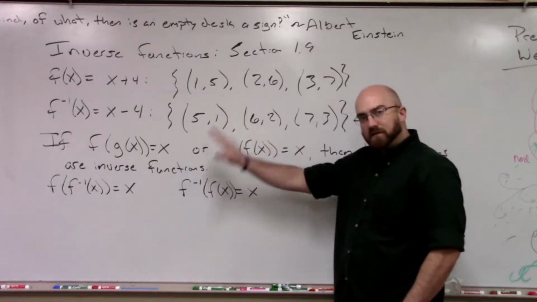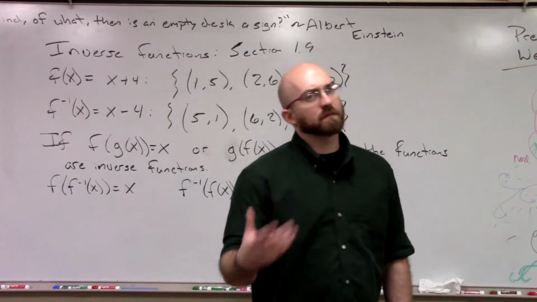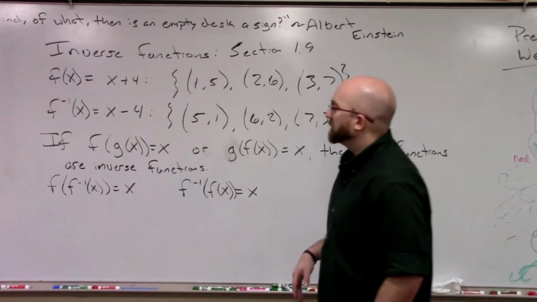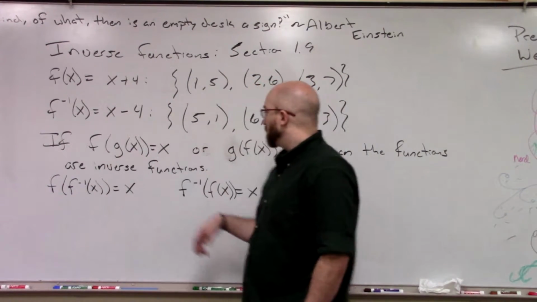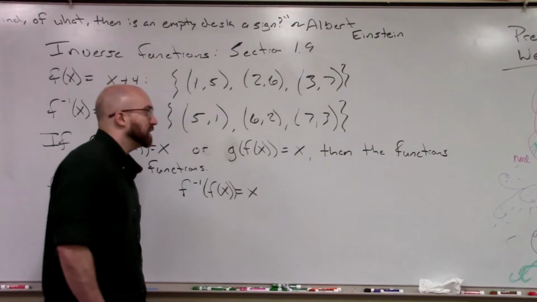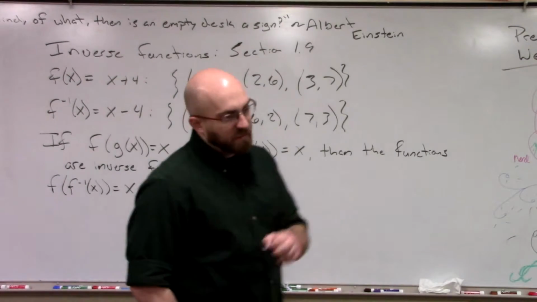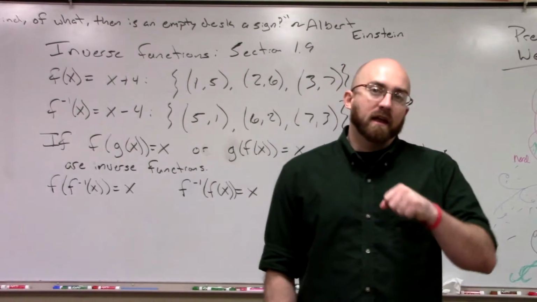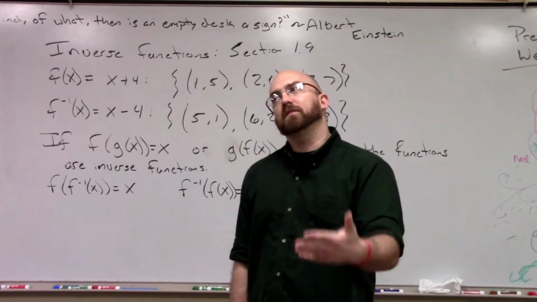Another special case, and this concept comes from section 1.8, which was composite functions, is if f(g(x)), or f∘g, equals x, or g(f(x)) equals x, then the functions are inverse functions. So basically, if you plug g into f, and after you do the math, you get x out, that means g is an inverse function of f.